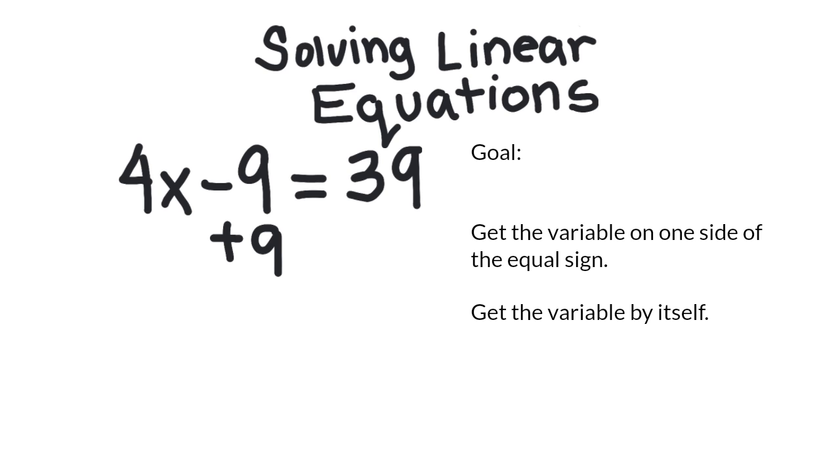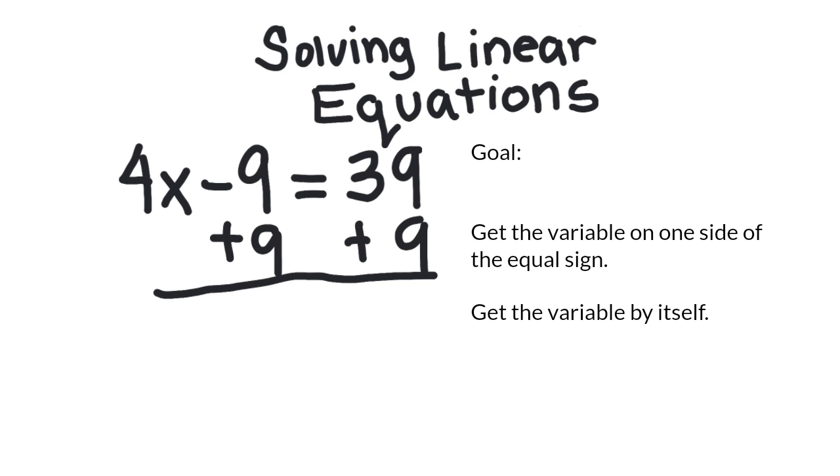And what I do on one side of the equal sign, I have to do the exact same thing on the other side. So I'm also going to write +9 on the right side. Okay, so now I have -9 plus 9. What's -9 plus 9? That is 0.